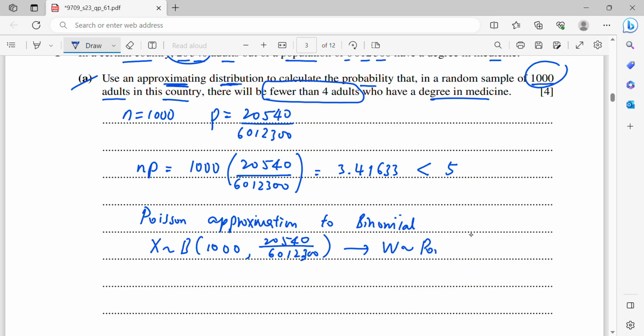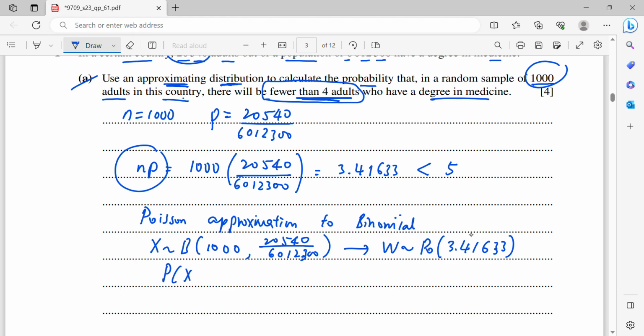For Poisson, we need the mean. The mean for the Poisson is actually the np, so here I will write 3.41633. That's my mean.